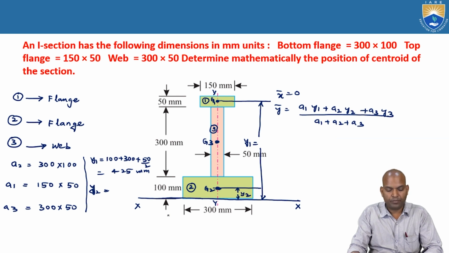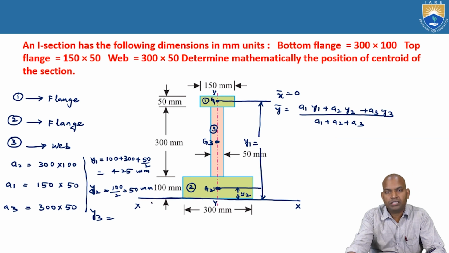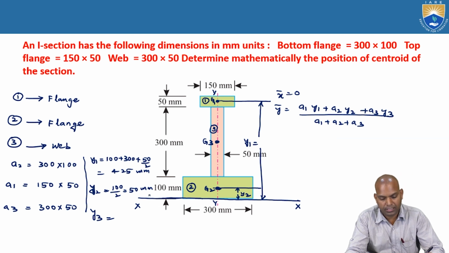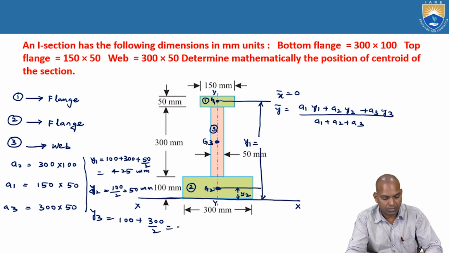Y2 is 100 by 2, that is 50 millimeters. And finally, Y3 is the distance from G3 to XX. G3 is at half of 300, so Y3 is 100 plus 300 by 2, that is 100 plus 150, that is 250 millimeters.